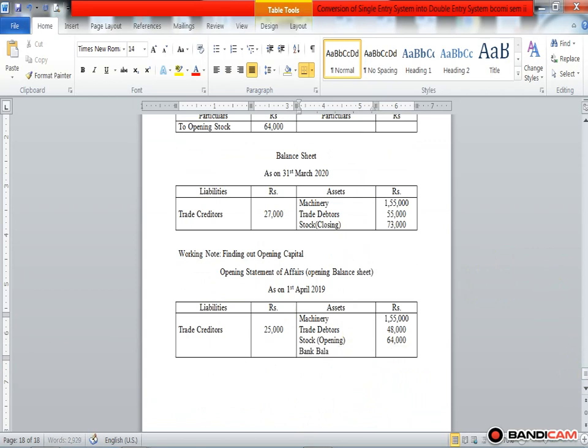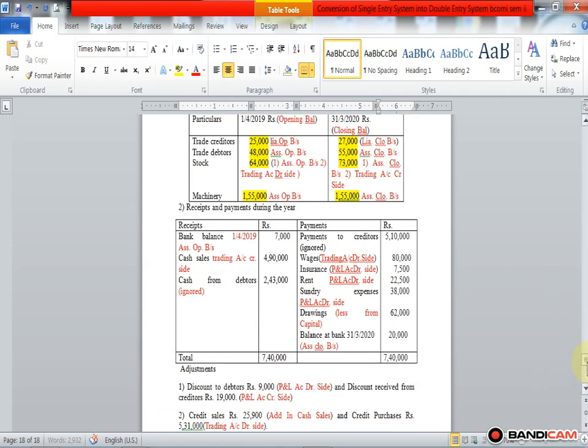Bank balance on 1st April 2019 amounted to rupees 7,000.